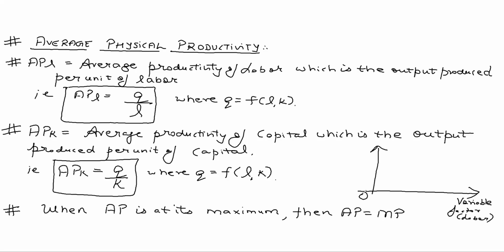This is average productivity and marginal productivity. So this is my marginal product, this is my average product.